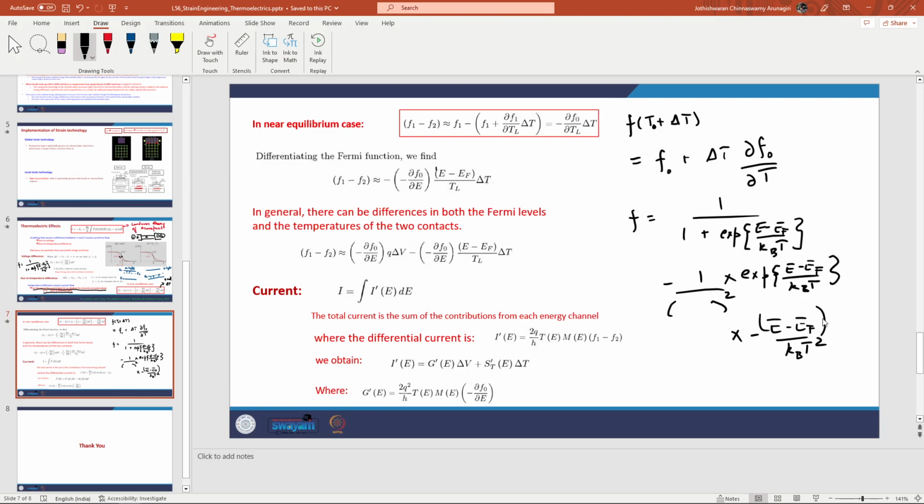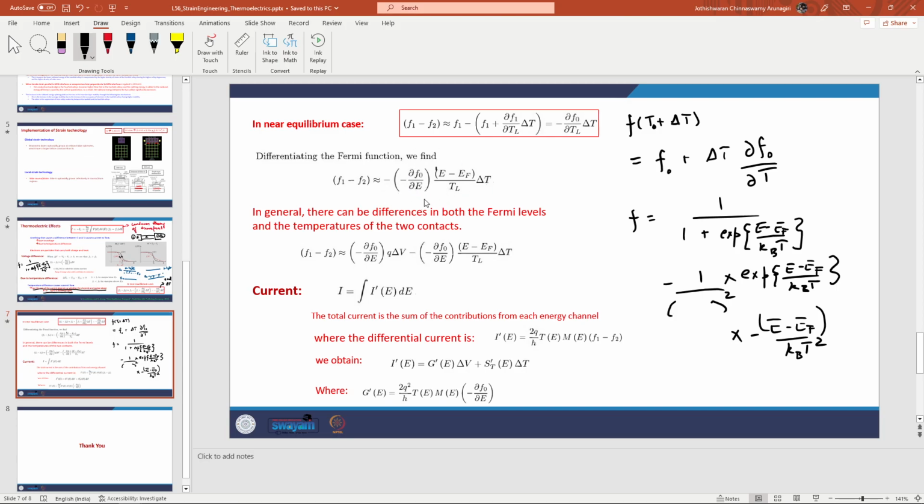Sorry, when I'm doing ∂f/∂E, I will just get a 1 over kBT term coming out of here. The E minus EF term will also not show. So the additional factors that we have, when comparing to the energy derivative, are E minus EF and TL. So that is why we are writing the temperature derivative in terms of the energy derivative.